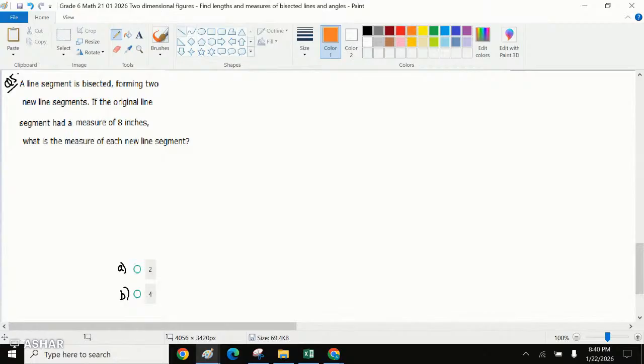What they're asking us is, what is the measure of each new line segment? That means they're asking us what will be the length of the bisected lines, right?